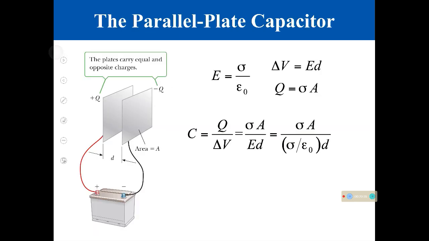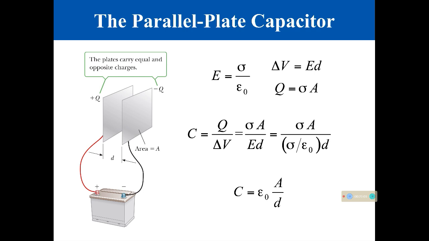So we had this conversation already. There's another way to calculate it that I don't specifically love. It comes from this equation right here, if you'll remember, Gauss's law. Electric field is equal to charge density over epsilon naught. Also, the voltage between them is electric field times distance, and the charge is simply charge density times area, where charge density represents charge per area. So charge per area times area gives you charge.